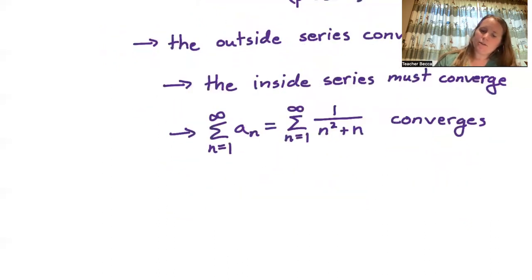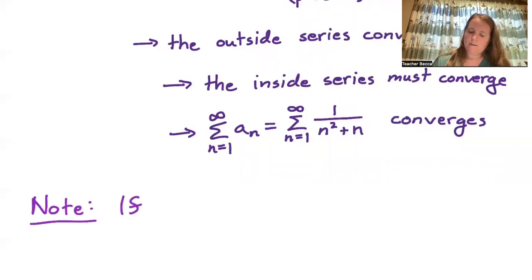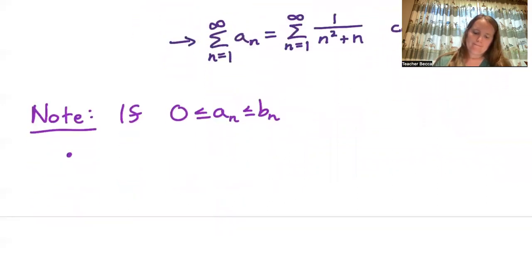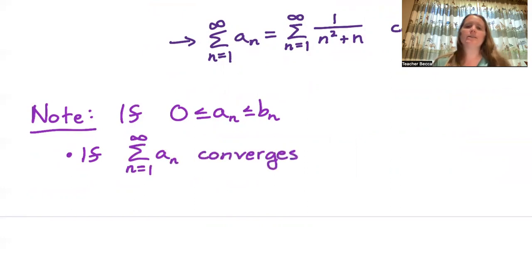Just a quick note. If 0 is less than a sub n is less than or equal to b sub n, and if the sum from n equals 1 to infinity of a sub n converges, this tells us absolutely nothing about the series in b.